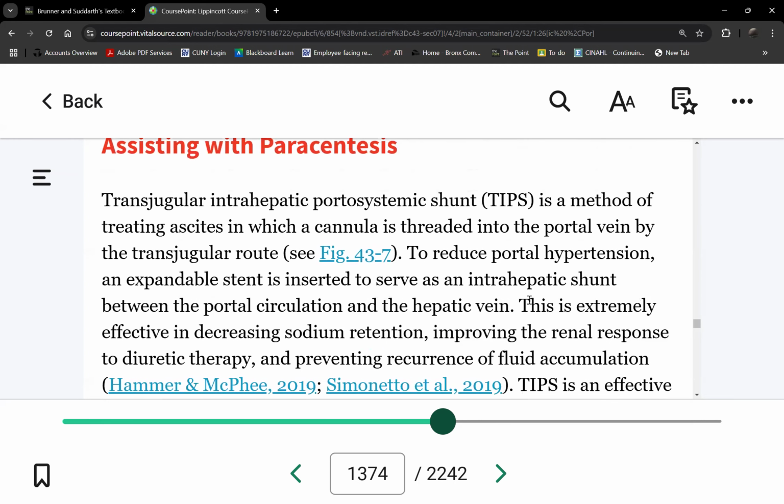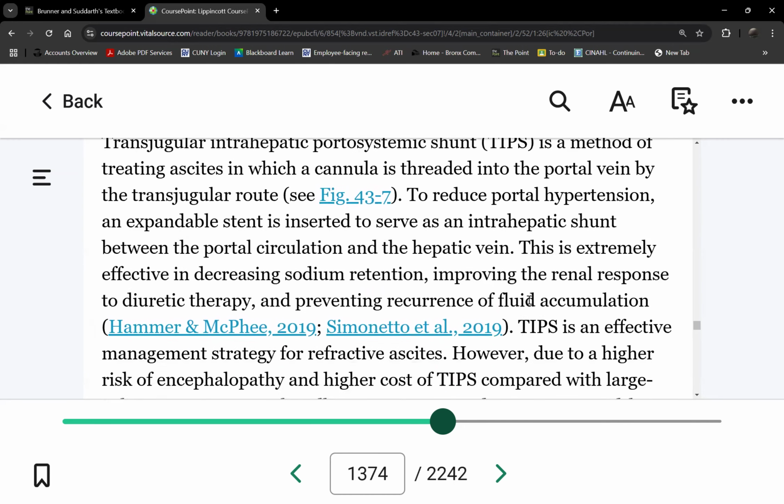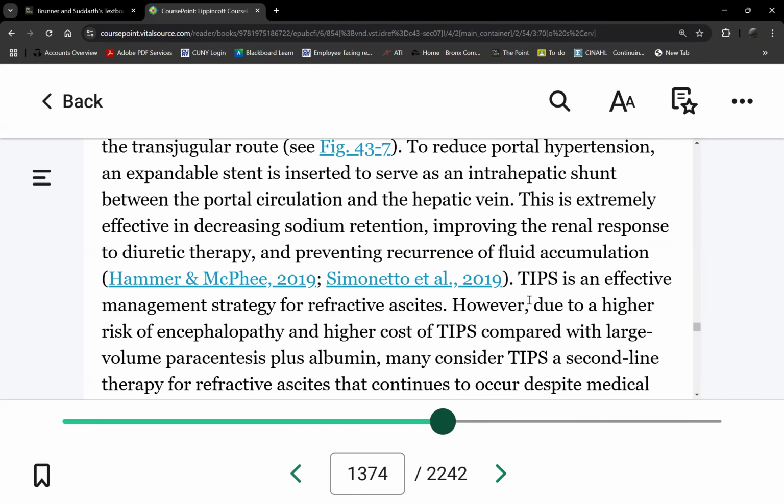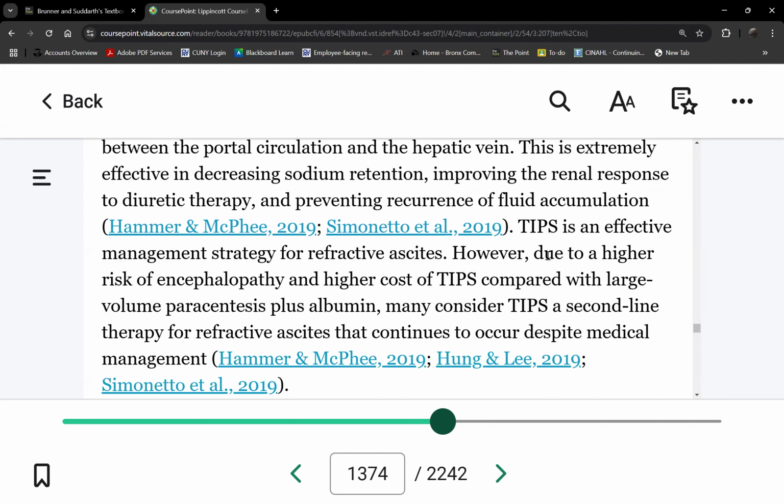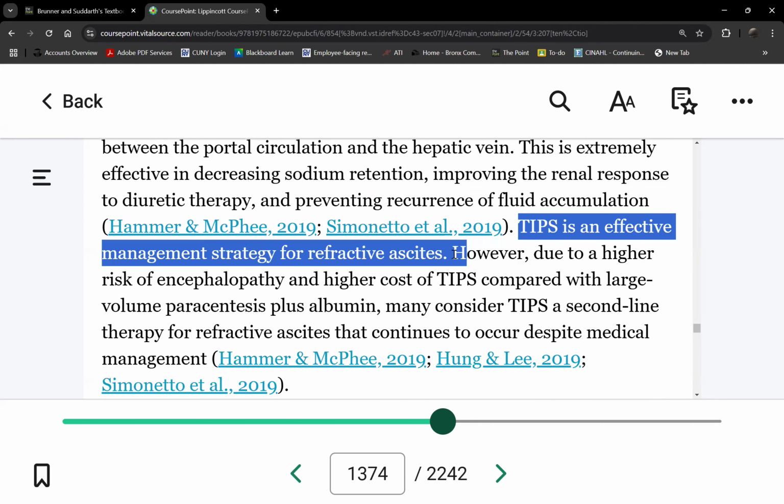Now, what's the purpose of this? This is to manage ascites, especially if the ascites in this case is refractory. Refractory means unresponsive to treatment, meaning it persists despite treatment.